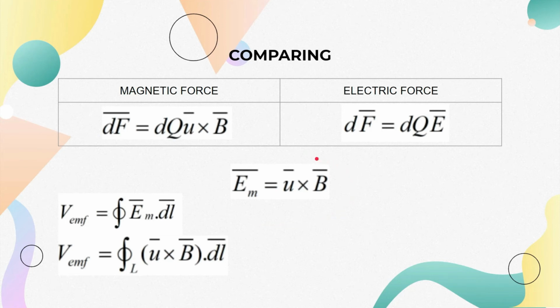After we get this E_m, we substitute it into this equation here. Hence, we get our second equation that is related to motional EMF, which equals the enclosed loop integration of vector u cross product with vector B, and then dot product with the total length of the enclosed loop or the conductor. This is our second main equation, which is related to motional EMF.